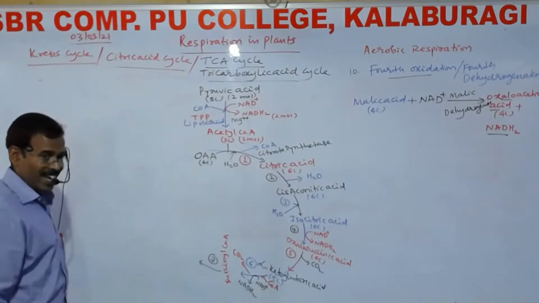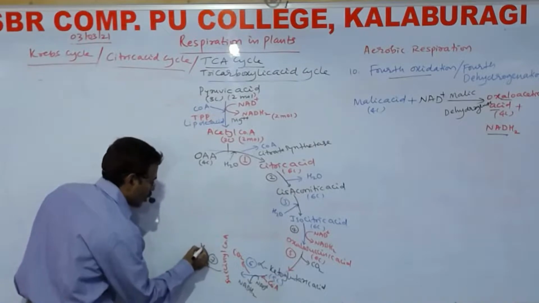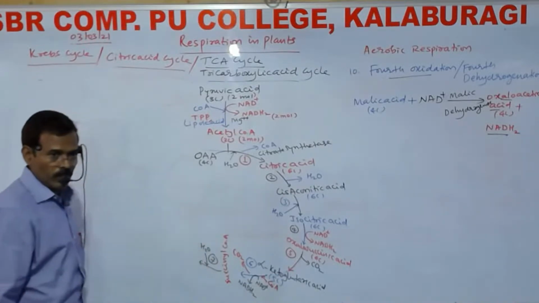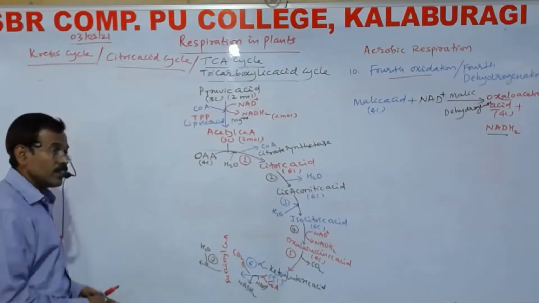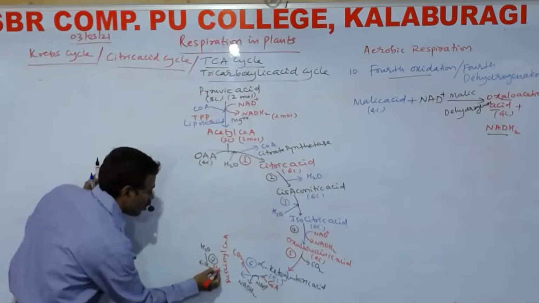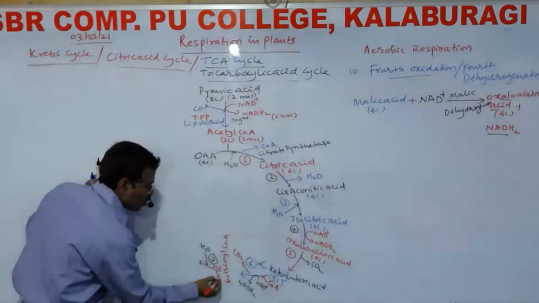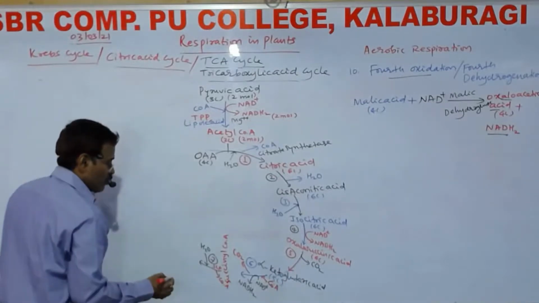Seventh step is hydration. So what you have to show here? Water use. Water use we have to show. Is it or not? And there will be SLP here. Coenzyme A gets separated. So SLP means what happens here?